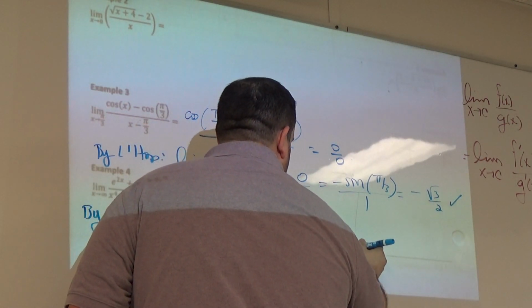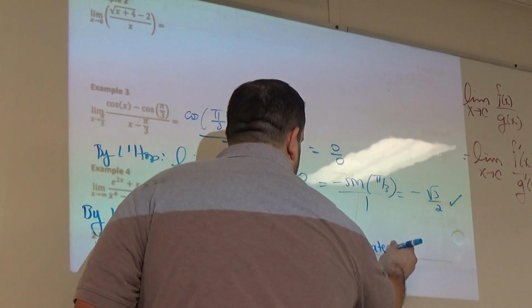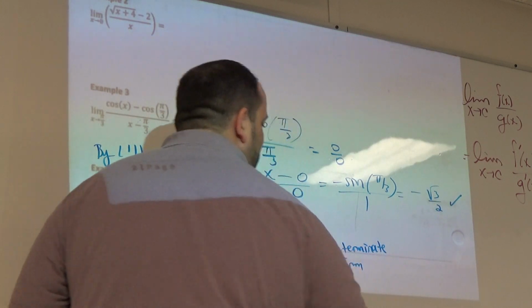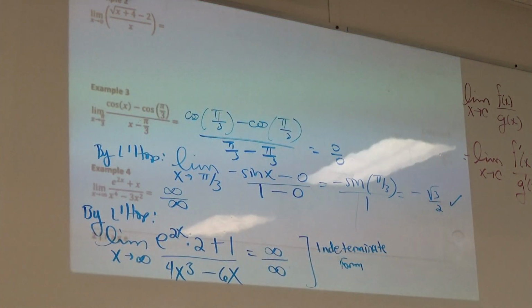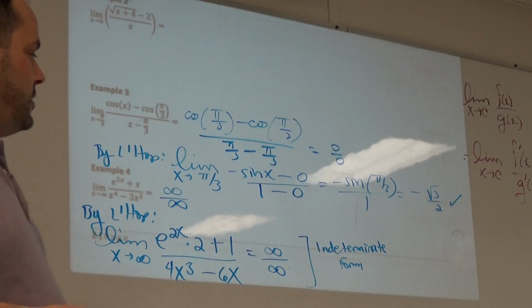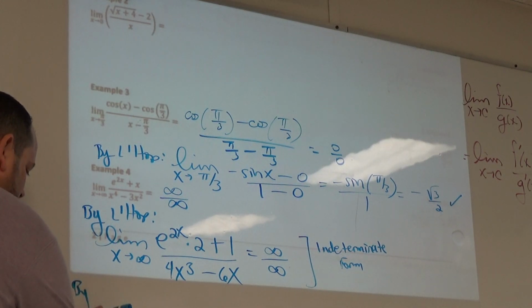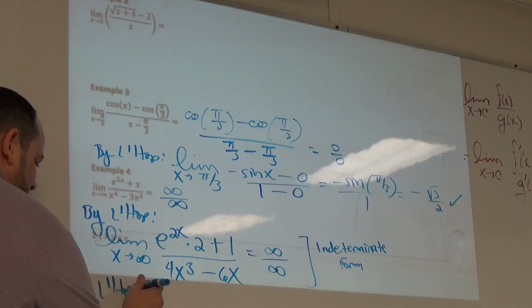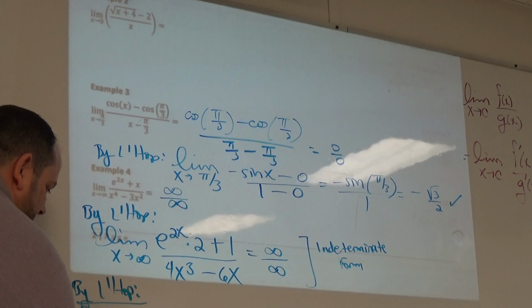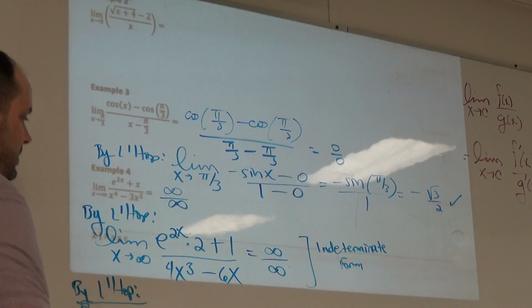So guess what? Take it again. Can you use L'Hopital's rule again? Yes. In order to use L'Hopital's rule, the only thing you need to know is that you have an indeterminate form, which we've got. So do it again. By L'Hopital, take that limit as x approaches infinity.